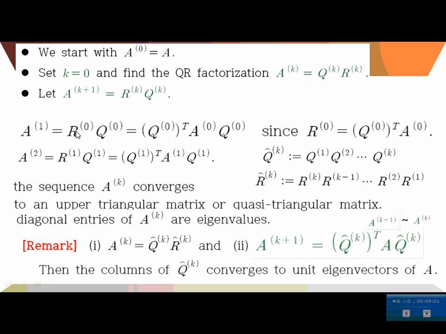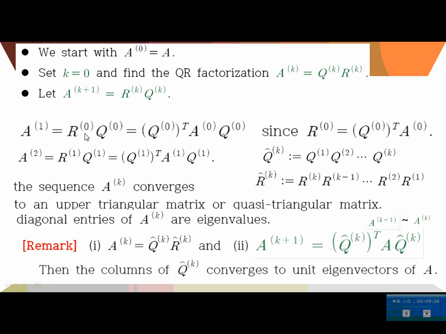So this R can be written as Q transpose times A. Let's say everything is real now, so these are orthogonal matrices. So A_1 and A_0 are similar, so the eigenvalues of this and of this are the same, because R is Q transpose A.